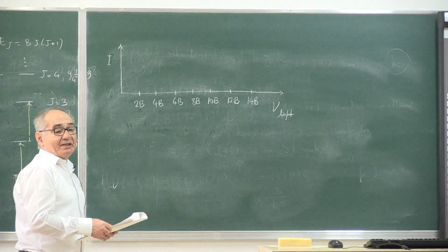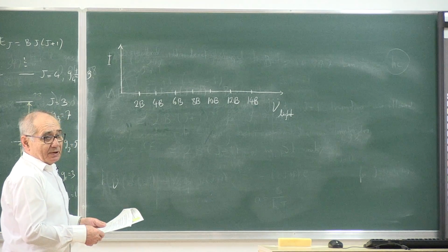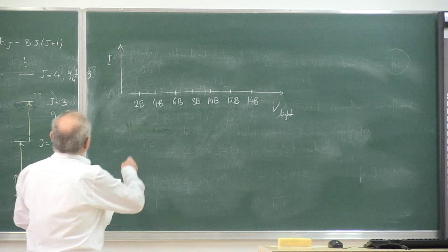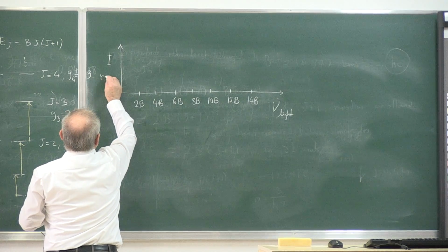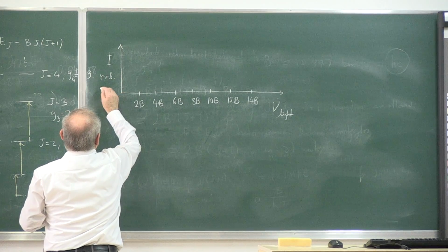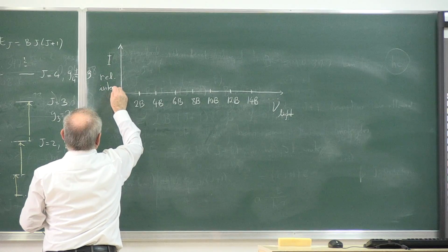Now, relative intensities are proportional to the initial populations. This is relative intensity.